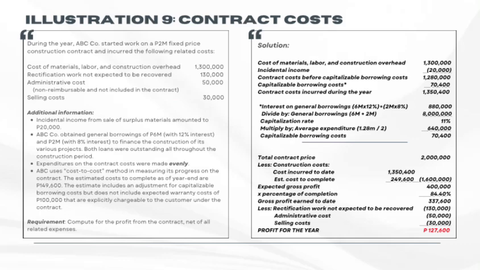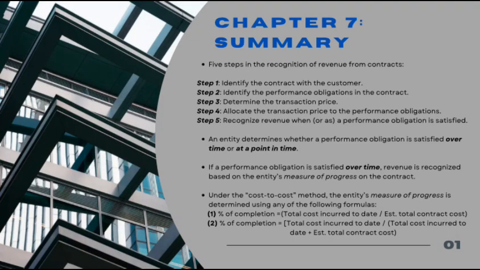And we have 3 deductions from that, which are the rectification work not expected to be recovered, which is 130,000, the administrative cost of 50,000, and the selling cost of 30,000. That will give us a profit for the year of 127,600.